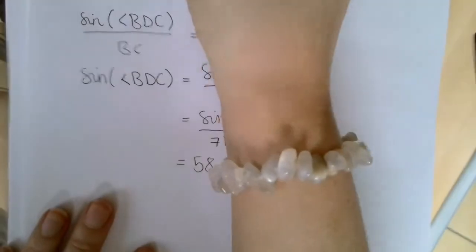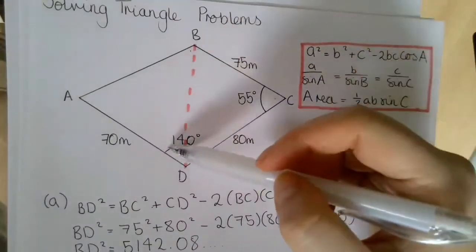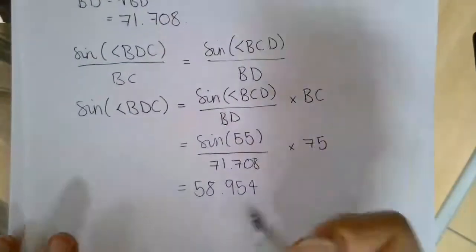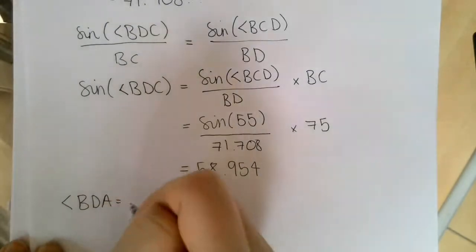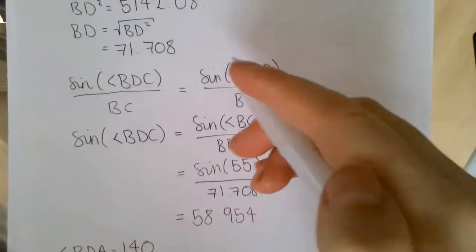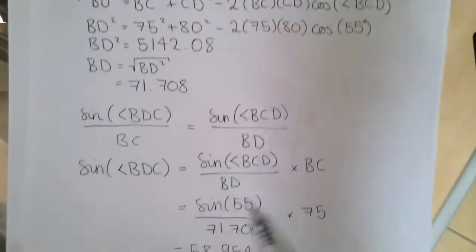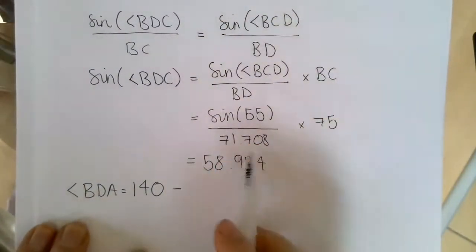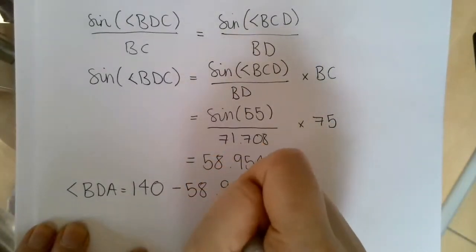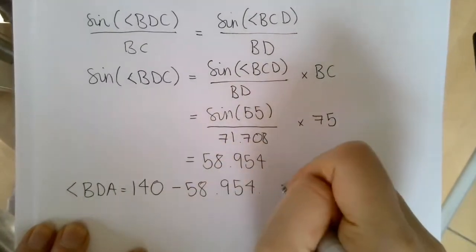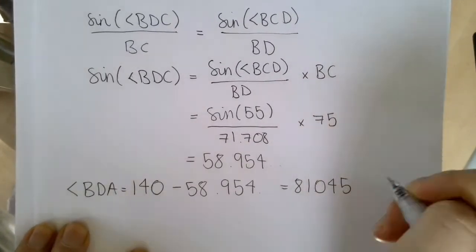So the angle BDA, this angle here, that is equal to the angle CDA, the whole angle, 140, subtract the angle BDC, which we've just found out, which is equal to 81.045.